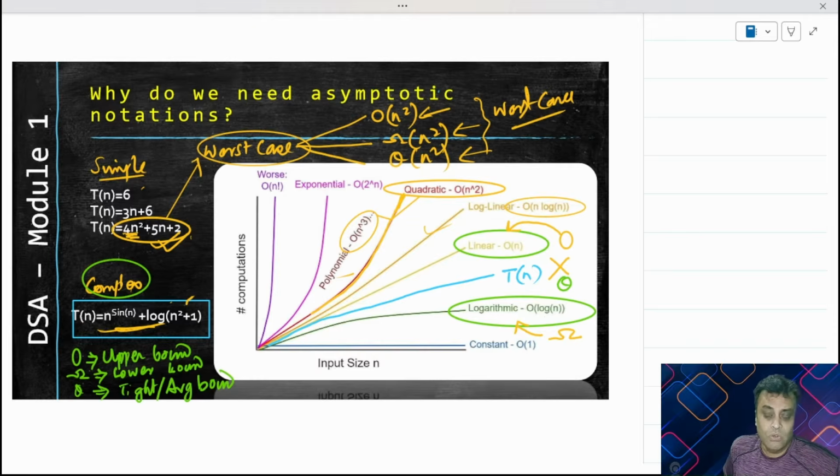But it has nothing to do with best case and worst case, because this particular equation itself carries whether it is a best case, a worst case, or an average case. And accordingly, we create the upper bound on this and the lower bound on this, depending on whether it is a worst case or a best case or an average case.